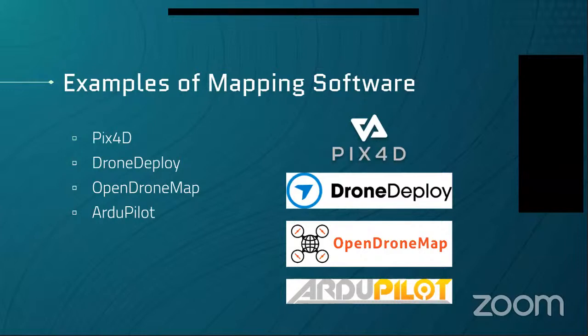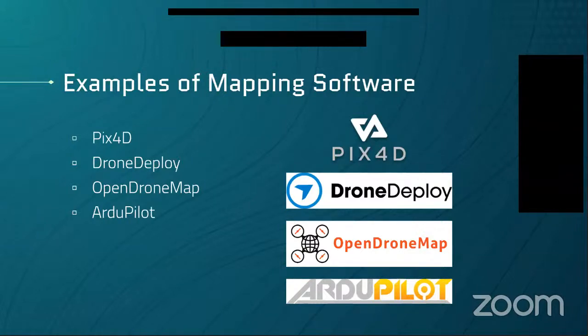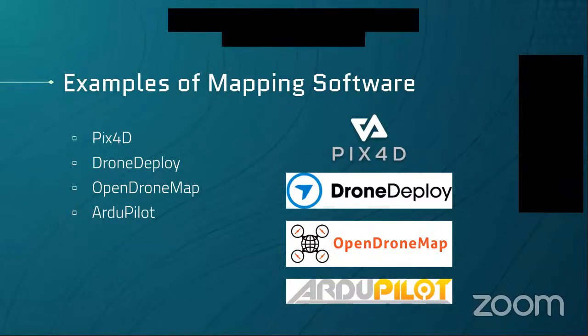But in other ways, there are also OpenDroneMap and ArduPilot, where ArduPilot is open source software that a person who wants to build a locally made drone can use, and it can help them conduct mapping activities at low cost, or inexpensively, because with software like Pix4D and Drone Deploy there are payments you have to pay.